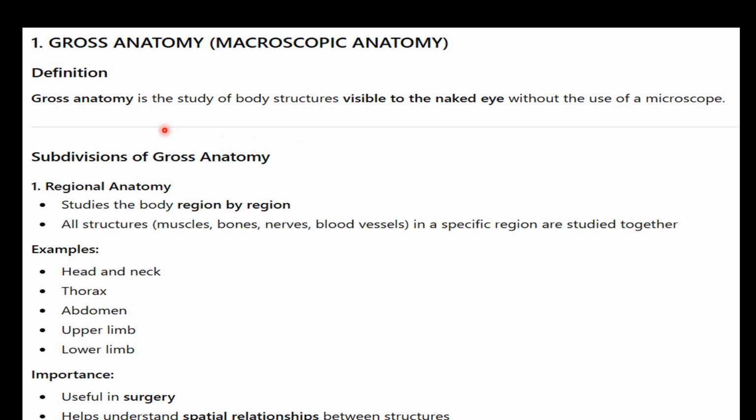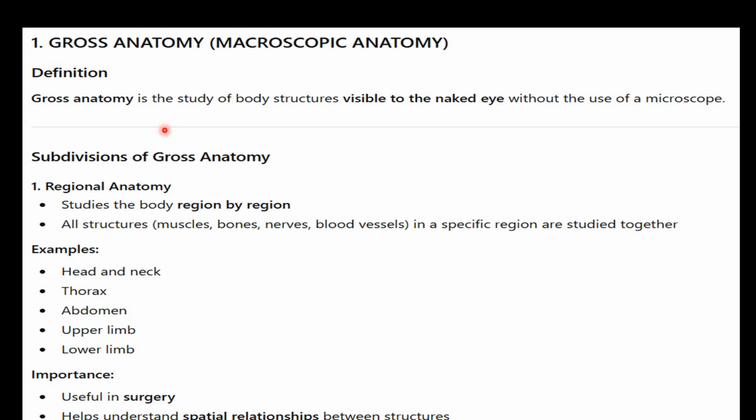So we will start from the definition itself: gross anatomy is the study of body structure visible to the naked eye without the use of a microscope. If we are doing the study of body structure without using any microscope, then that particular anatomy is considered gross anatomy, and it is also known as macroscopic, because we are not using any microscope here.